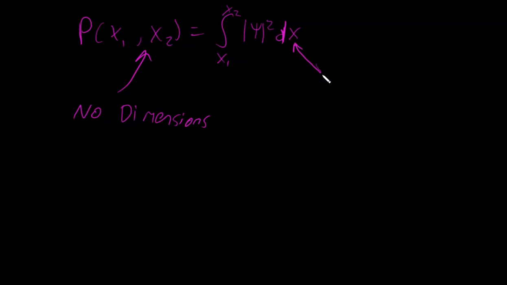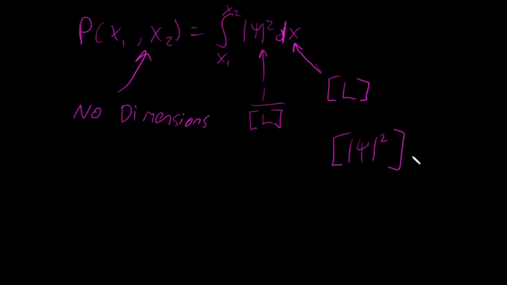This dx, though, has dimensions of length, right? Which would mean that in order to have this probability have no dimensions, psi squared would have to have dimensions of 1 over length, right? And so if the dimensions of psi norm squared is 1 over length, the dimensions of psi must be 1 over the square root of length.